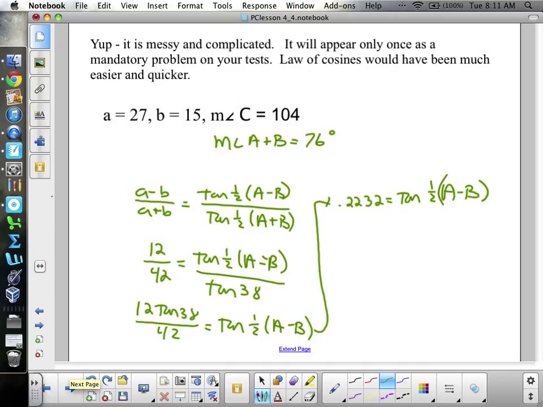Okay, so we take the tangent inverse of both sides. So tan inverse of 0.2232 is about 12.6 degrees.